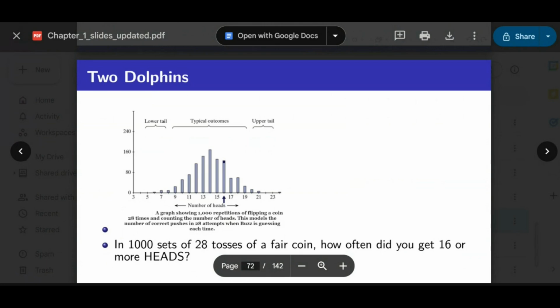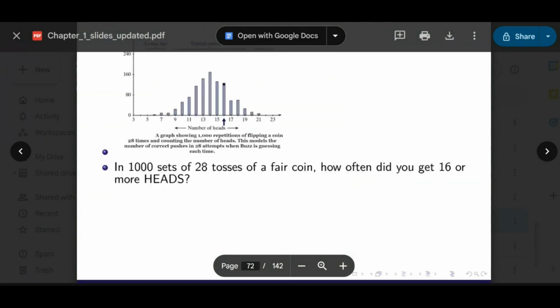Yes, you see the red line, which is here as an arrow. Why? Because 16 was your score on the test. Are there many cases after 16? Yes. Could you have told me that? Of course you could. So it's not special. Getting 16 correct in 28 true false test questions is not special.